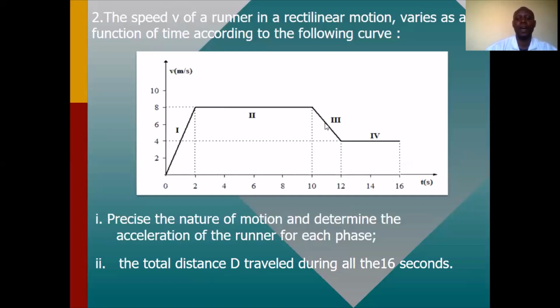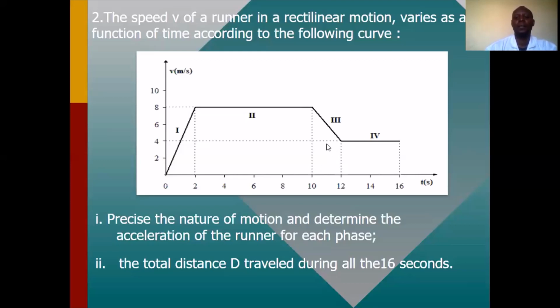For the third phase, we have the trapezium. Remember the area of a trapezium is a half of the big base plus the small base, multiplied by the height. For this case, the height is 12 minus 10.